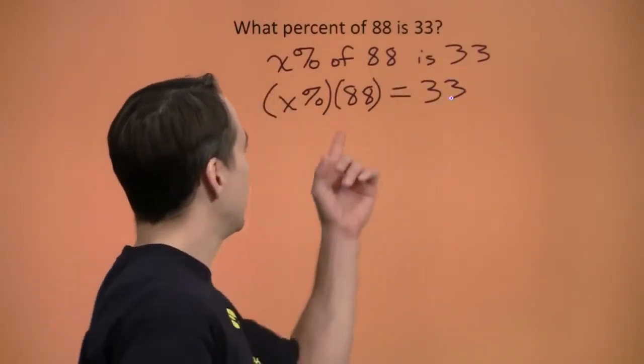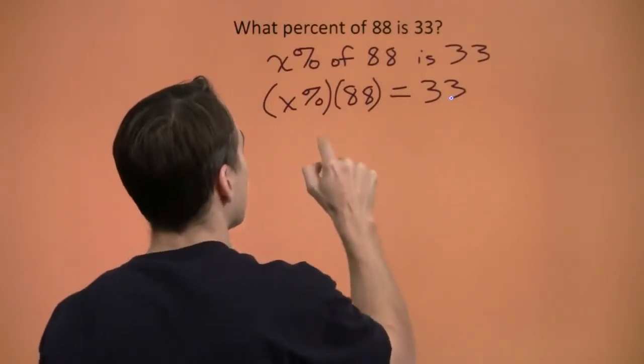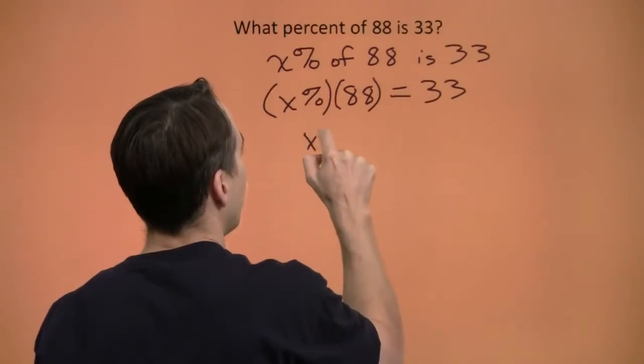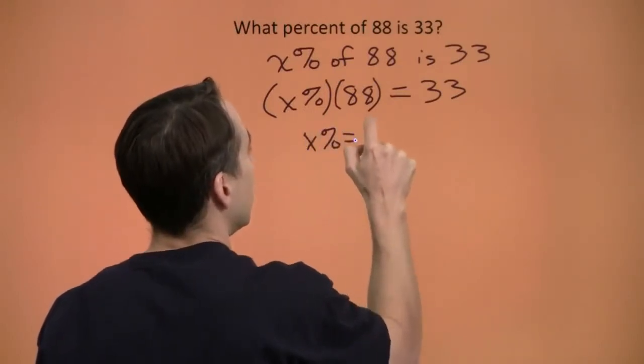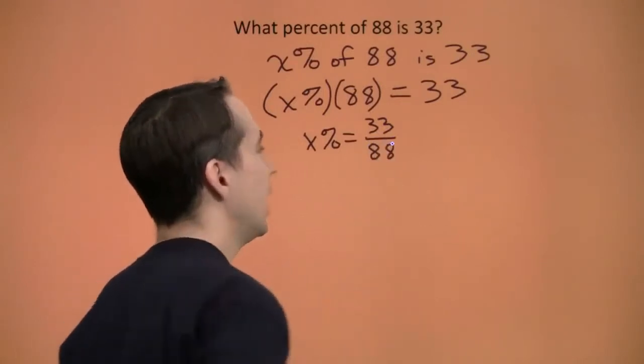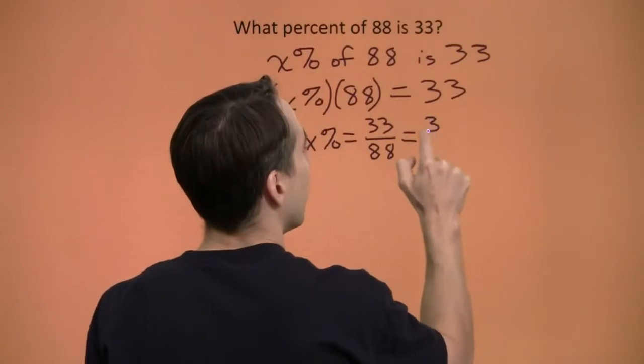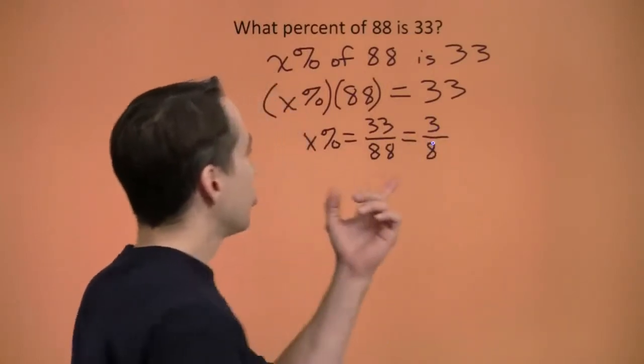So we have x percent times 88 equals 33. We'll divide both sides by 88 to get the x percent by itself, and we'll have x percent equals 33 over 88. Knock out the common factor of 11, and we'll have x percent equals 3/8.